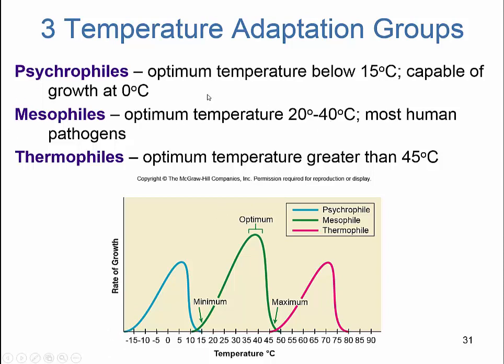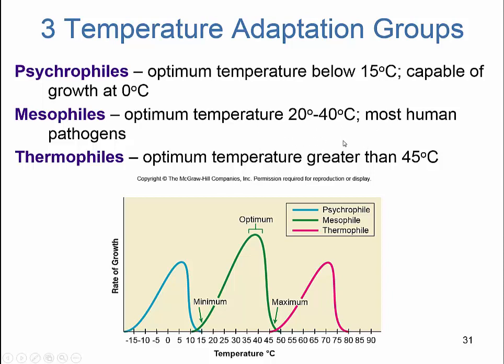Mesophiles, however, so most human pathogens fall under the category of mesophiles. They do so because our bodily temperature is 37 degrees Celsius. At 37 degrees Celsius, these mesophiles are pretty happy, able to continue to thrive, cause infection and disease. They can, however, still thrive in much lower temperatures, so outside of the body.